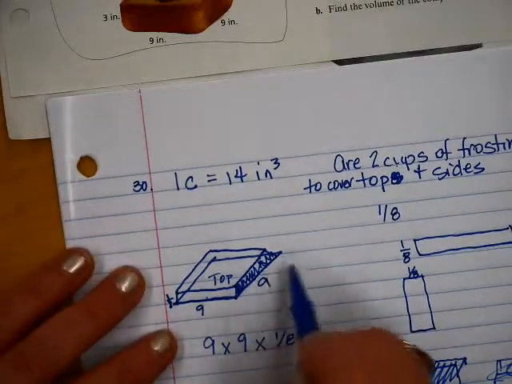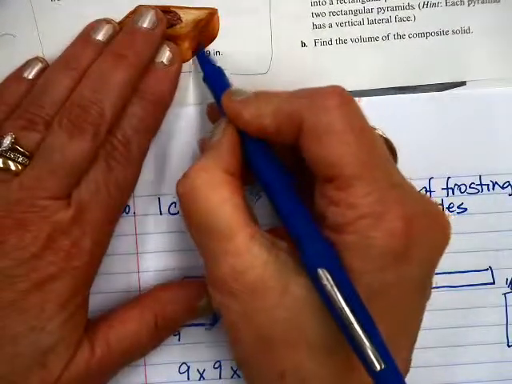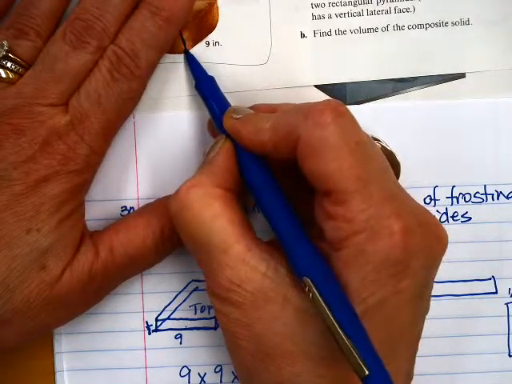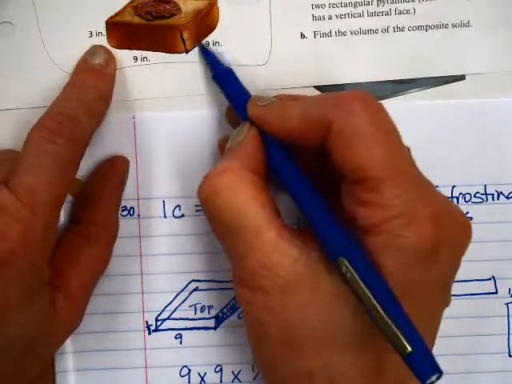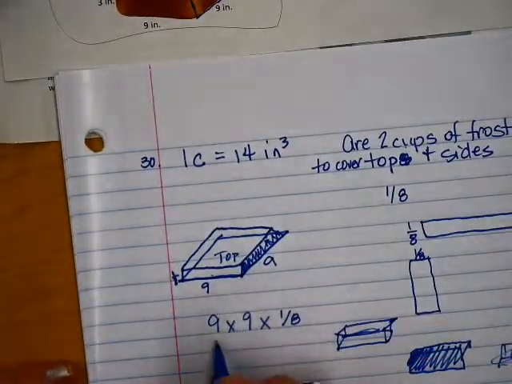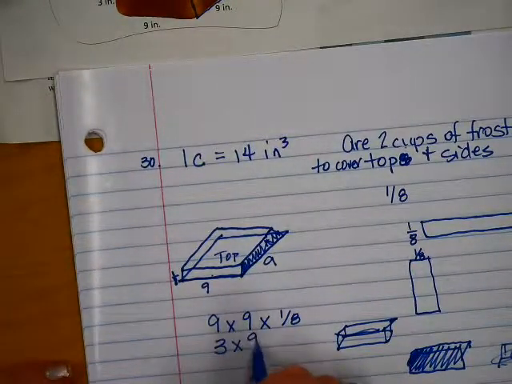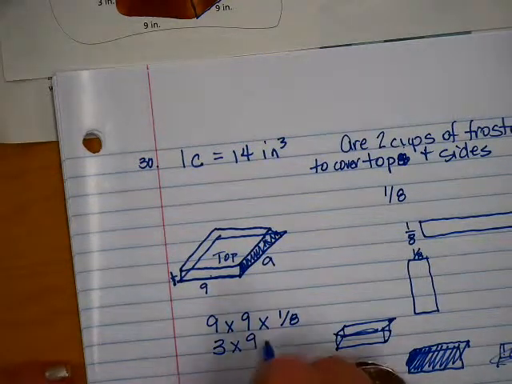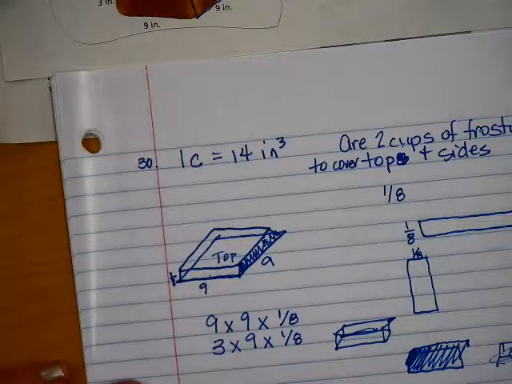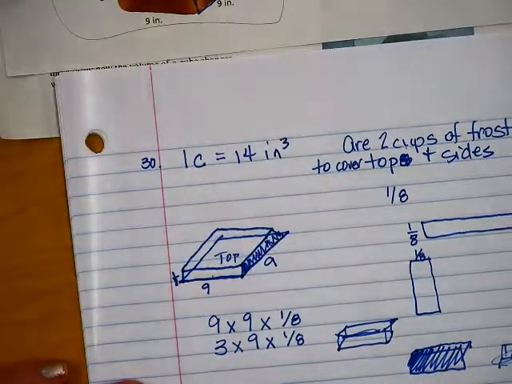Okay, what is its length and width? Here's the side. What is this width right here? The 3 by 9 rectangle is what I'm putting icing on. So 3 times 9 is the length and width of the icing I'm putting on, times the 1/8 inch thickness or height. Now, is the side on the left going to be the same?